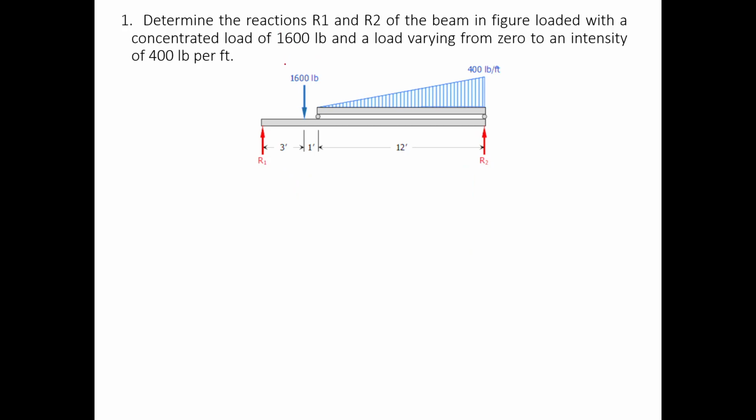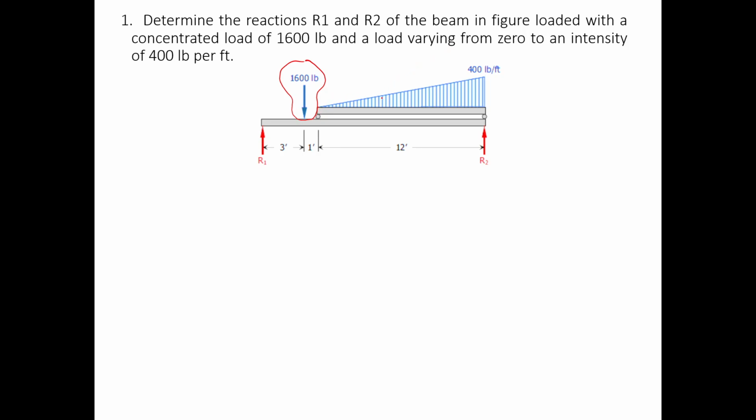Okay, so let's solve number 1 first. The concentrated load is this one, the 1600 pound force. And then your load varying from 0 to an intensity of 400 pounds per foot.